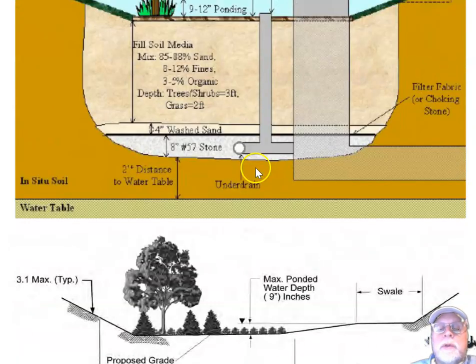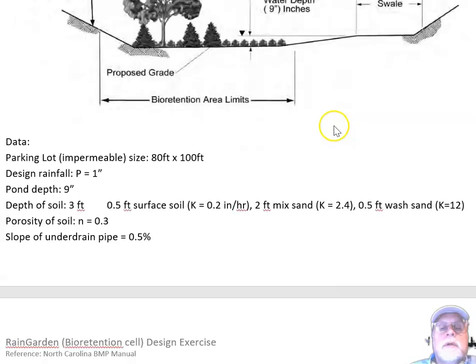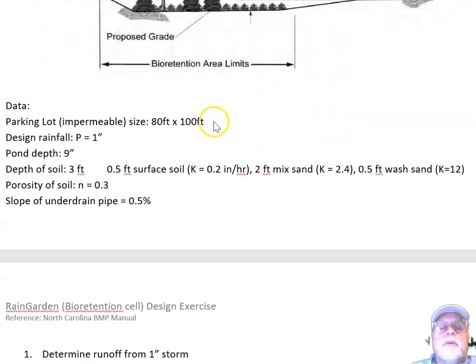All right. And again, we're going to run it onto this rain garden from a parking lot. Parking lot is 80 foot by 100 feet. We're going to design for a 1 inch rainfall. Pond depth, it says 9 to 12 inches up there. We're going to design it for 9 inches or 3/4 of a foot. Depth of the soil is 3 feet.